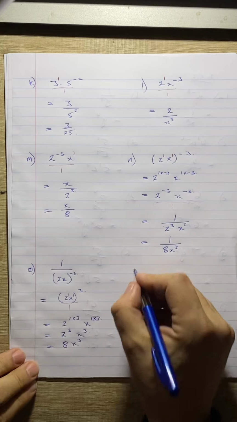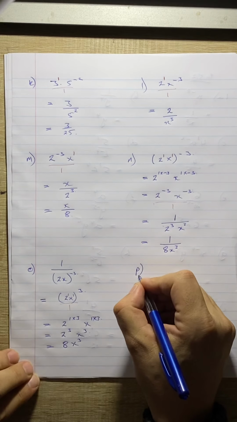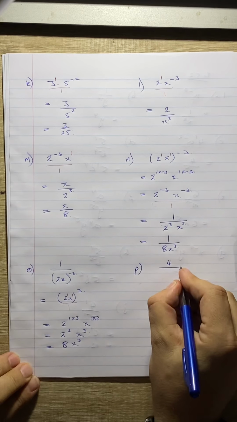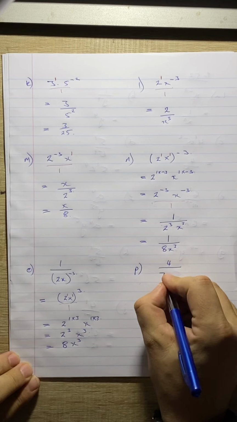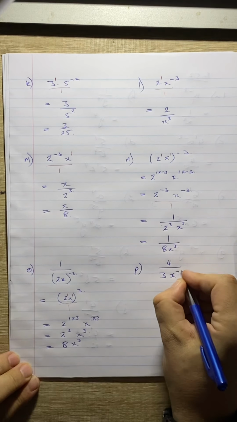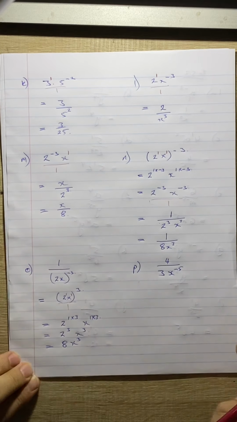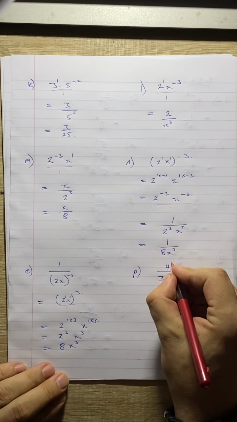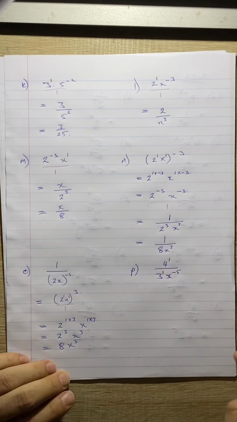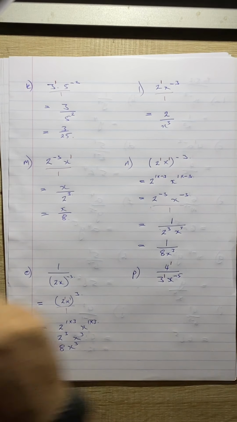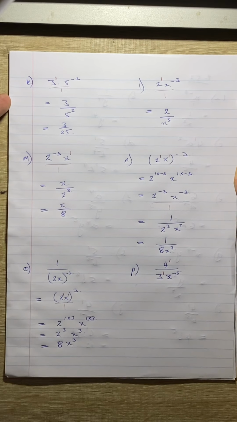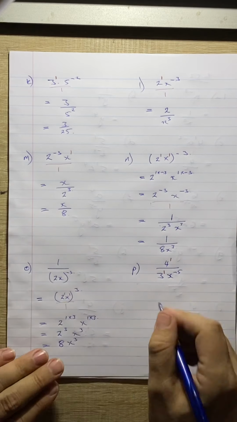Right, so let's have a look at question P. So we've got 4 over 3x to the minus 5. Remember, put in your invisible exponents. So this has got a secret 1, this has got a secret 1. All right, and I'm going to leave the ones with the positive exponents where they are, and the ones with the negative exponents we're going to move.